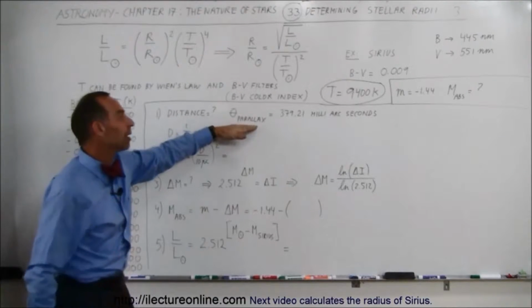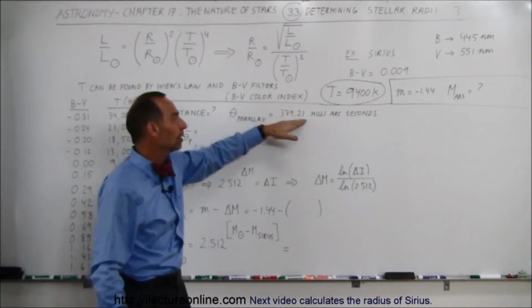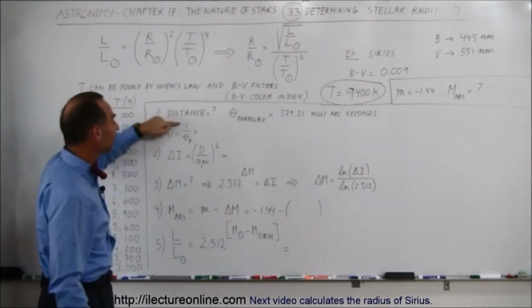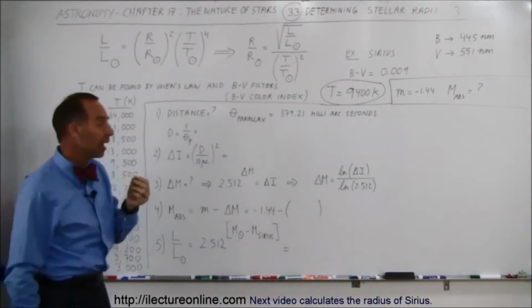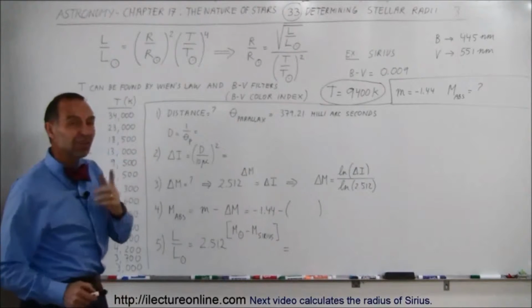We can measure the angle of parallax, and when we do that, we get the angle to be 379.21 milliarcseconds. To find the distance, it's 1 divided by the angle of parallax in arcseconds, and that gives us the distance in parsecs.